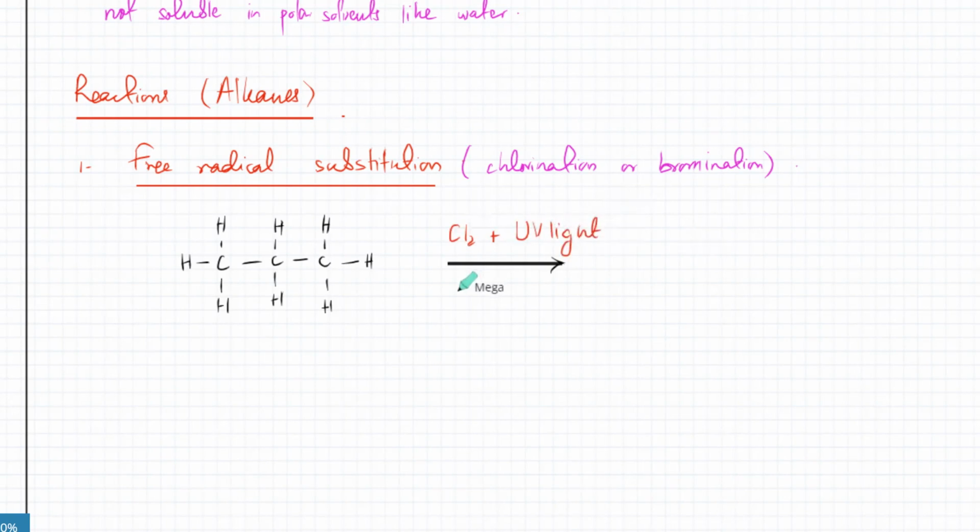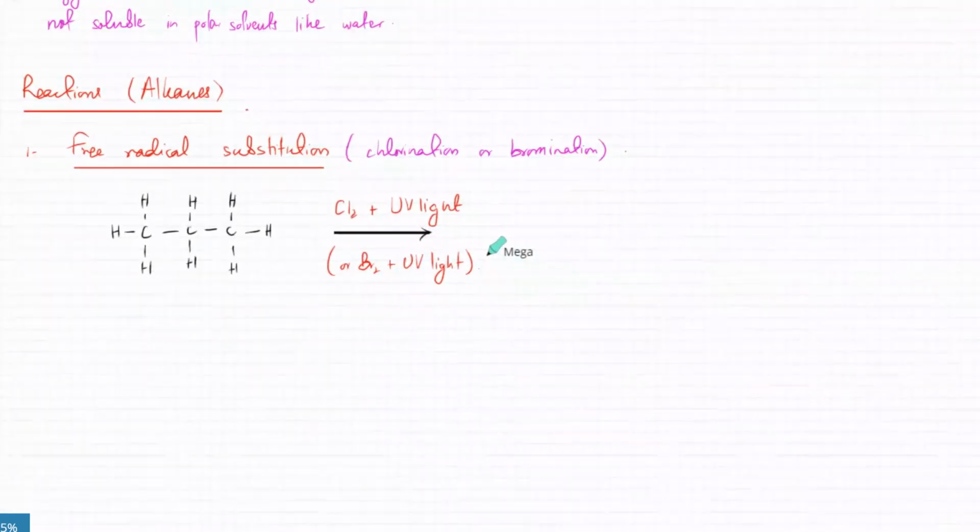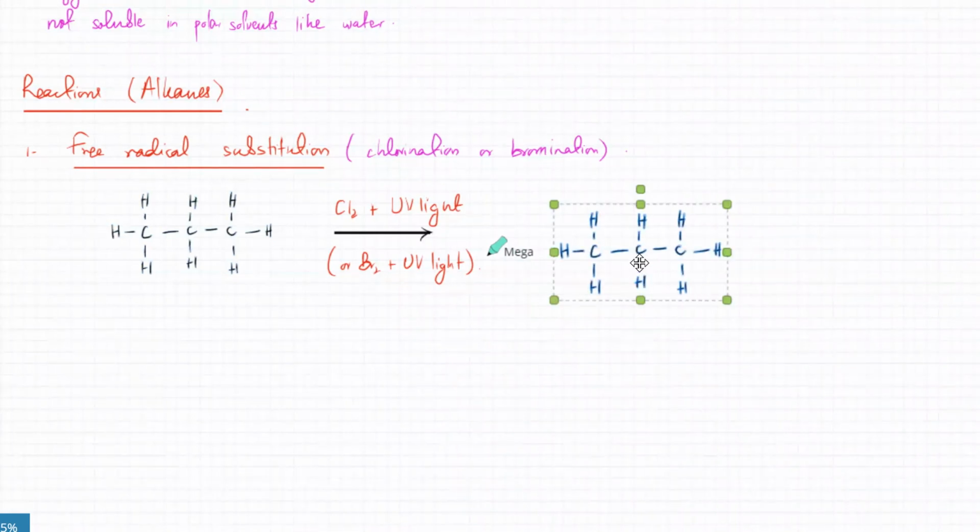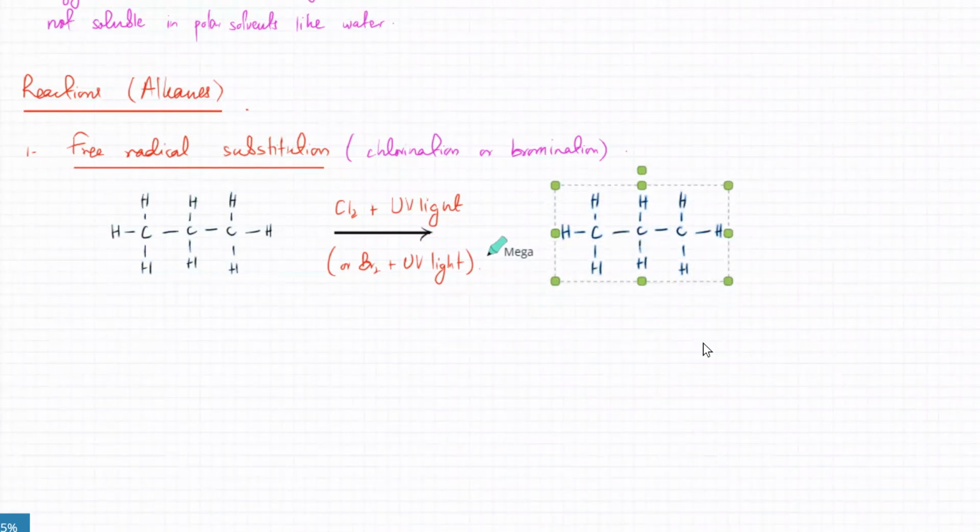Or you could also have bromination, or Br2 plus UV light. So what will happen is that the hydrogens are going to get substituted by Cl or Br, and it could be any number of them. You can get all sorts of molecules.